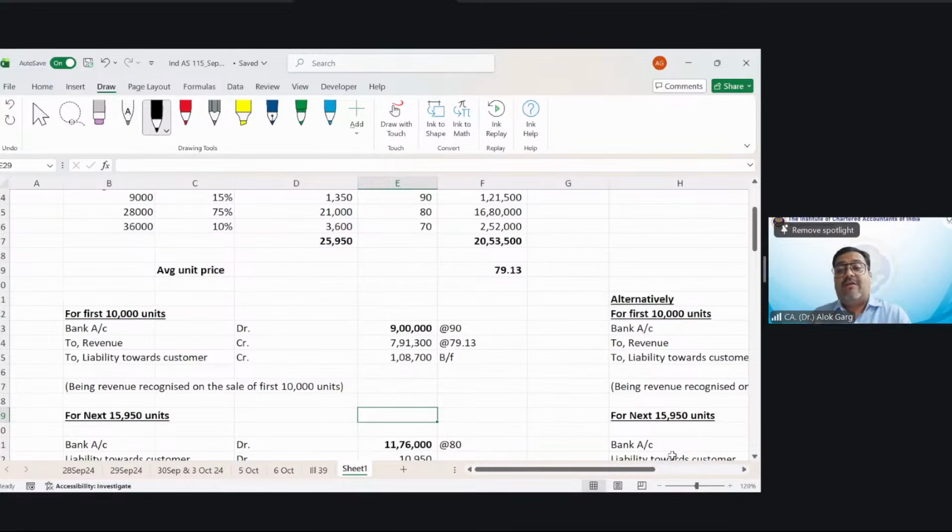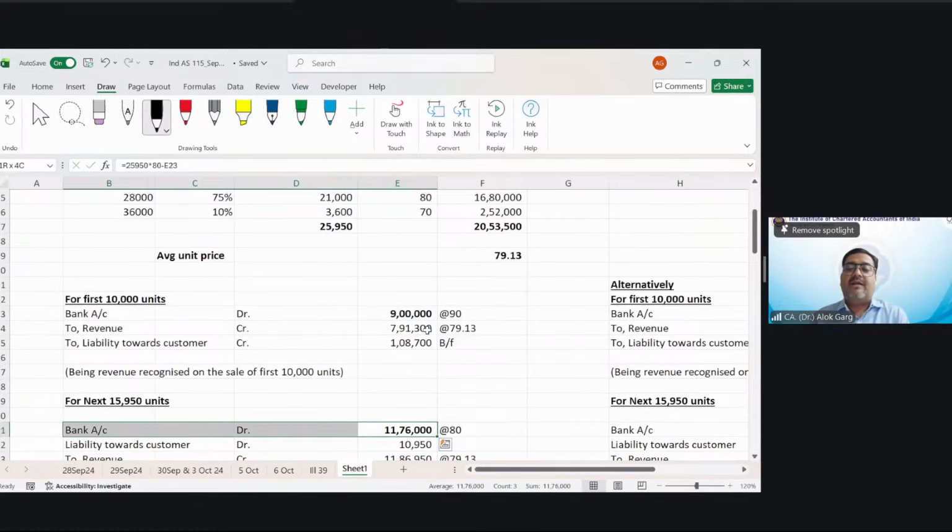So now I will recover the money on 25,950 units multiplied by 80 rupee. My entitlement is the total money from the customer at the rate of 80 on 25,950 units, minus the 9 lakh rupee I have already received. So I have recovered, bank account debit 11 lakh 76,000.